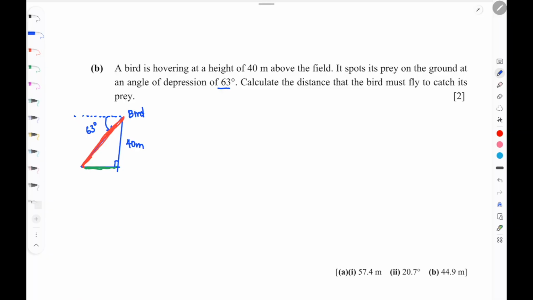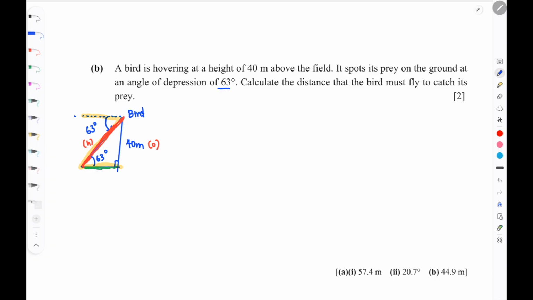Okay. So actually, if I look closely, I have an alternate angle. Okay, I know this is 63 degrees. Okay, I have my opposite. I have an angle. I can find my hypotenuse. Okay, so actually this question is not really linked to what is drawn above.